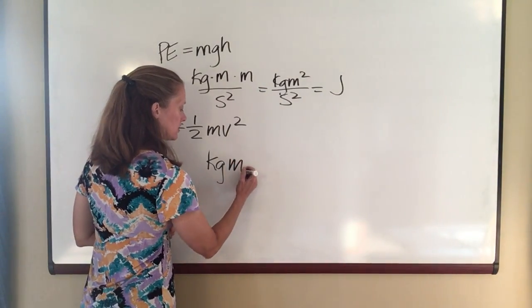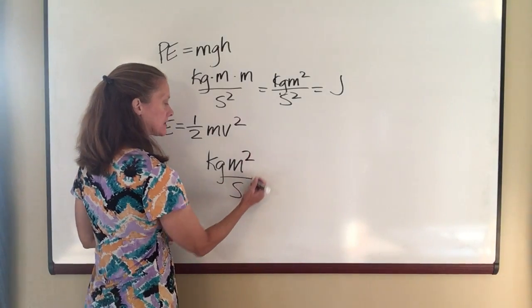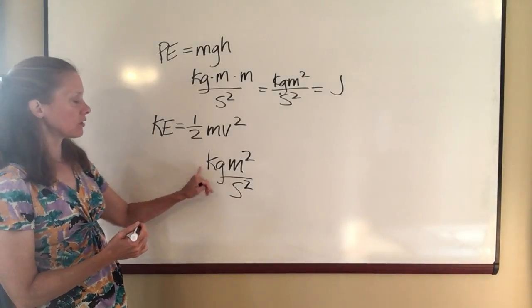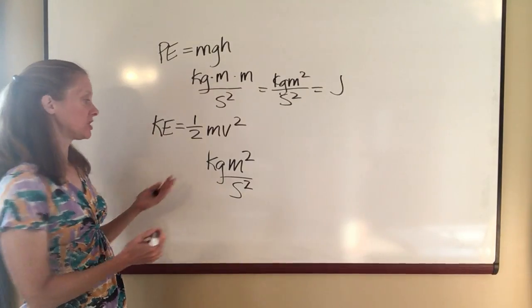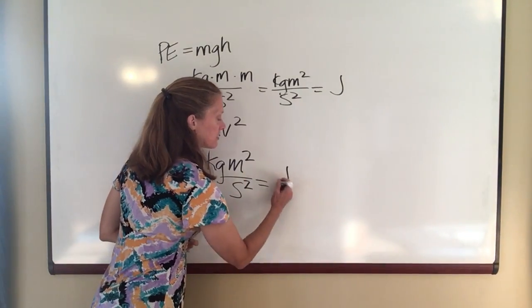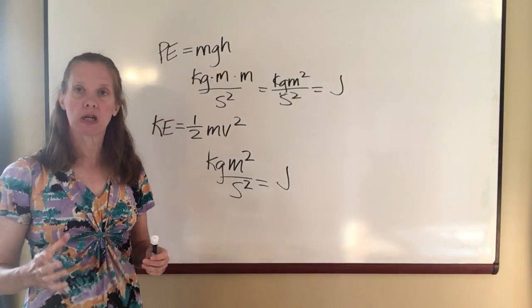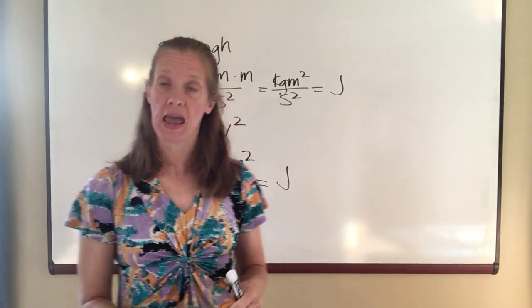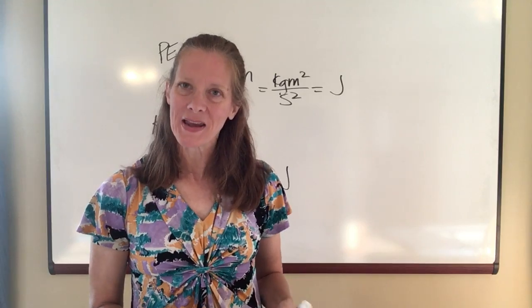Velocity is going to be in meters per second, and then if I square that, it's going to be meters squared over second squared. Well, lo and behold, kilogram meters squared per second squared was the same units as I have for potential energy, and that's the same thing as a joule. So potential energy and kinetic energy both have units of joules, and that is the same as the units that I have for work. Why is that?